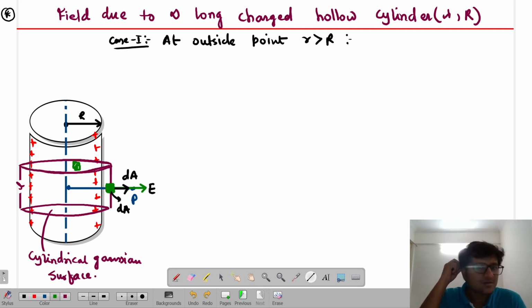How come there are? That's what I told you, so do not just learn physics. Yes, there are no charges on the circular surface because it's a hollow cylinder. So this is not a disk, but a ring. So how would the charge be on this circular surface? It's a hollow cylinder now. So the electric field is only due to the curved surface. That's why the electric field is perpendicular to the area vector of the circular surfaces.